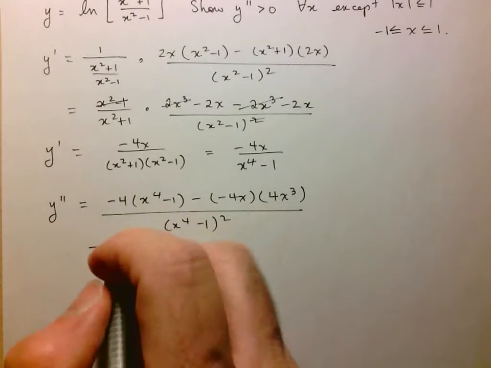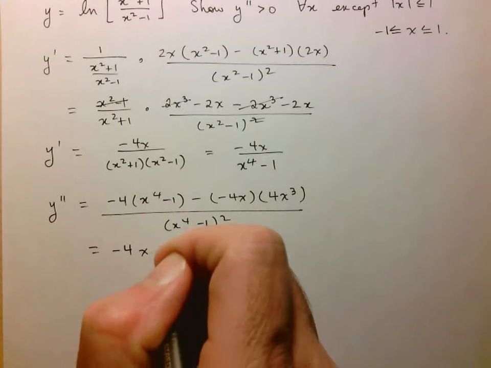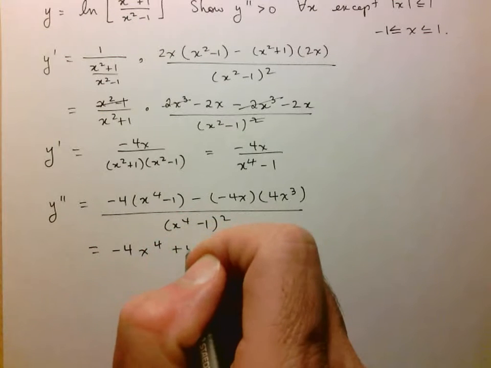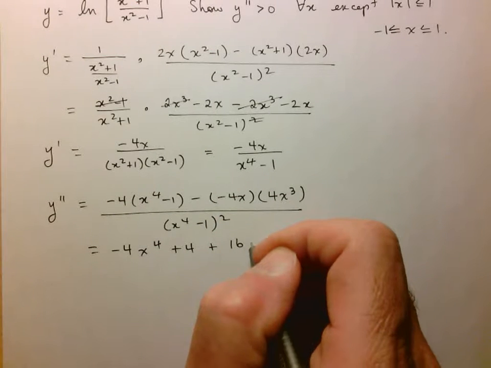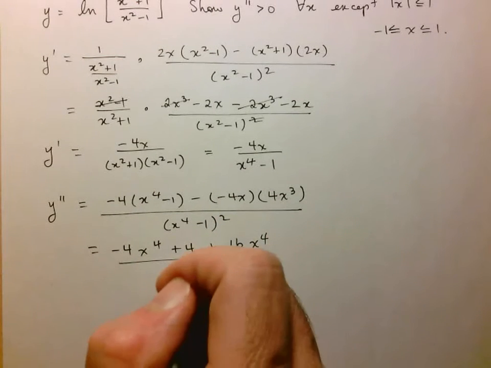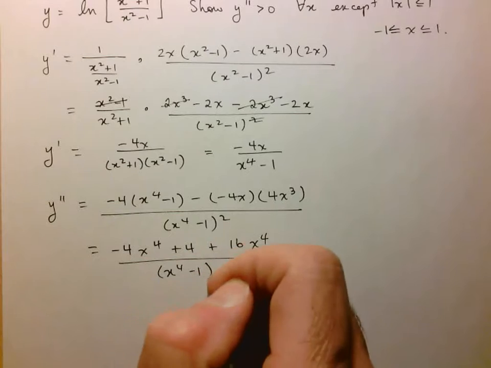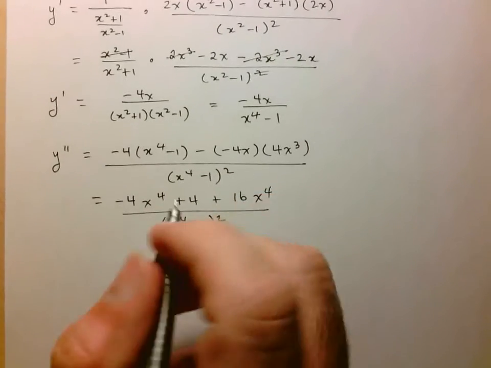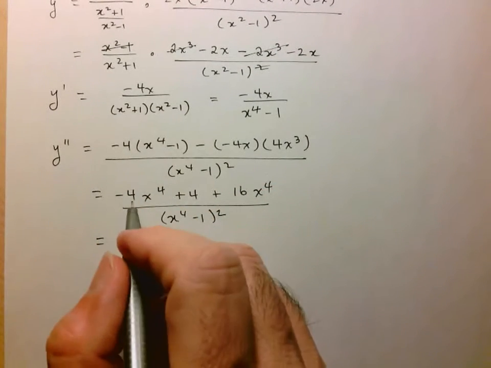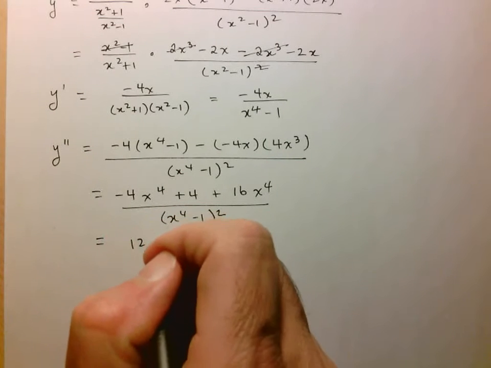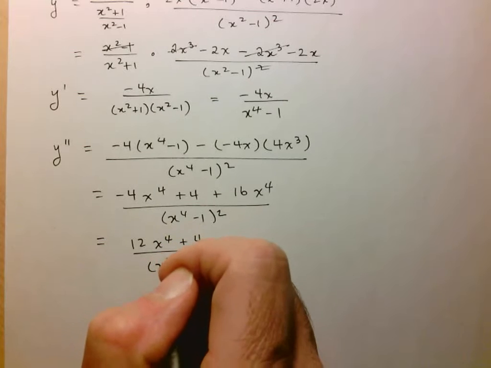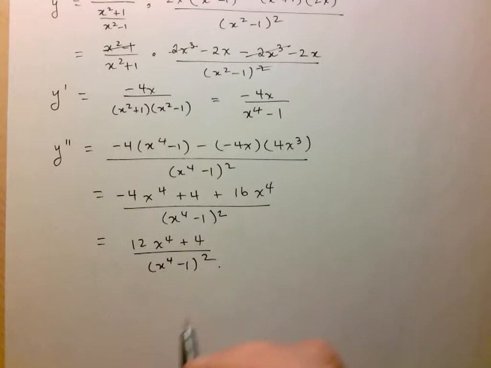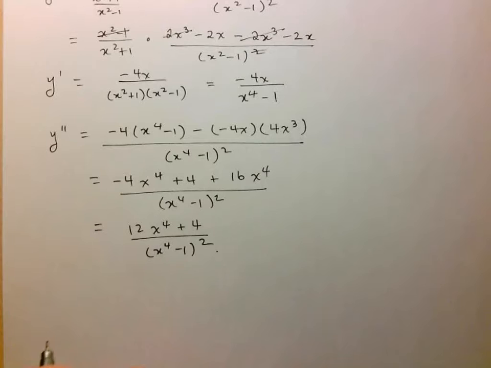So here we've got negative 4x to the 4 plus 4, and this will just be plus 16x to the 4. Negative 4 plus 16 gives us 12x to the 4 plus 4 over (x to the 4 minus 1) squared. And there's our second derivative.